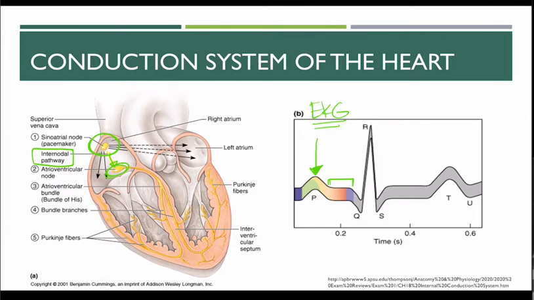And this really represents the time that it takes for the signal to move through the AV node, where the signal is held just long enough to allow the atria to contract first, and then the signal gets across the AV node and makes it into the ventricle.